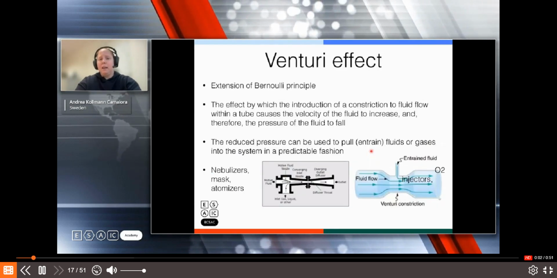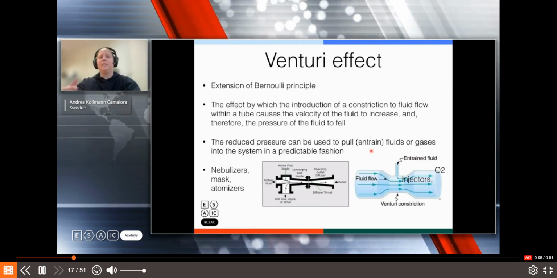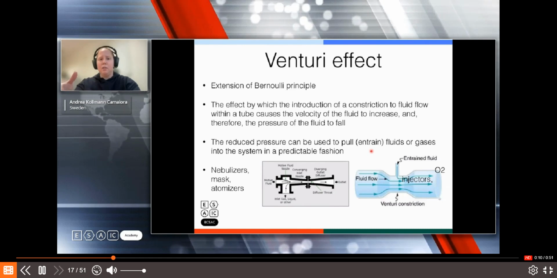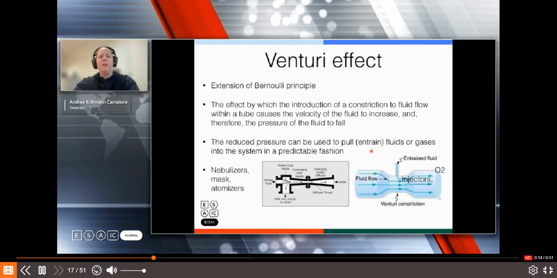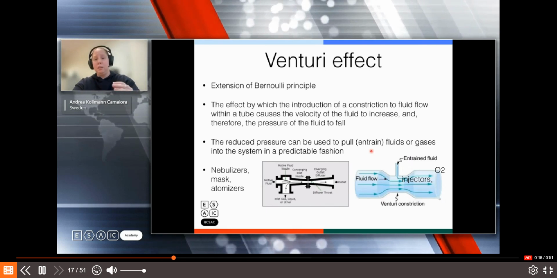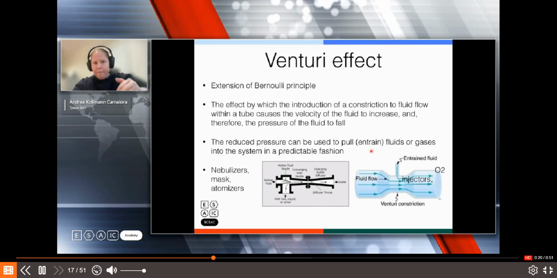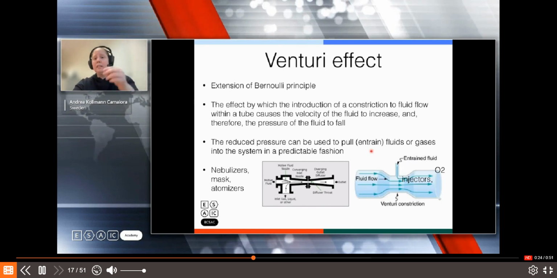And what are some applications of this? For example, you have the Venturi effect, which is an extension of the Bernoulli principle. It is the effect by which the introduction of a constriction, so you make the constriction on purpose, to the fluid flow within a tube causes the velocity to increase and the pressure to fall. And this reduction in pressure, you can use it to actually put things in the system.